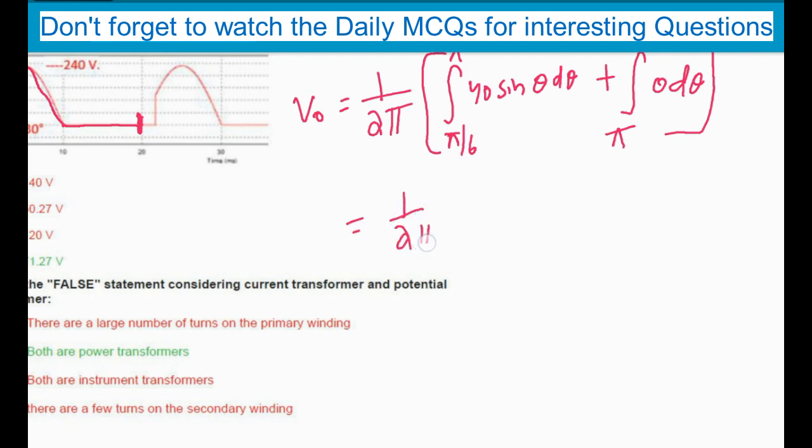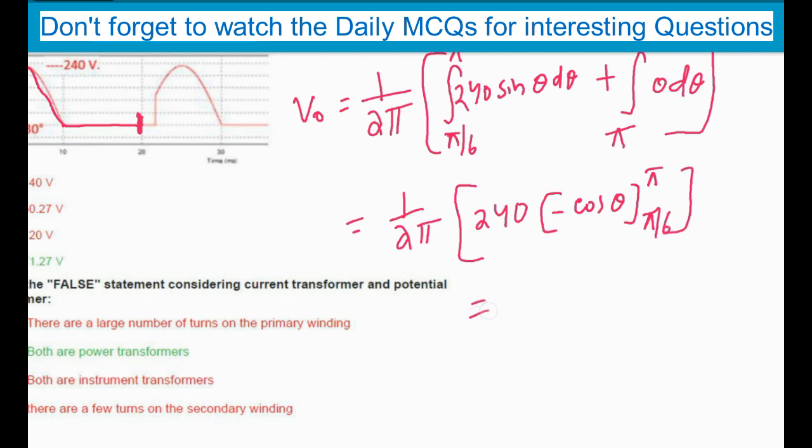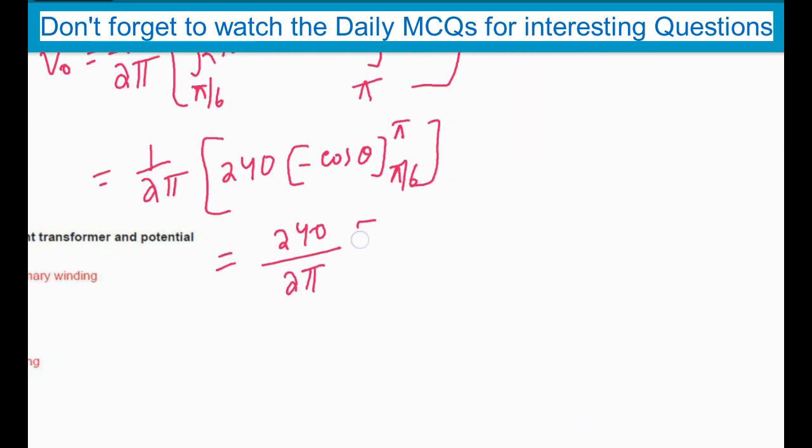So this will be 1 by 2 pi, 240 into minus cos theta from pi by 6 to pi, and this will be 240 by 2 pi (cos pi by 6 minus cos pi).